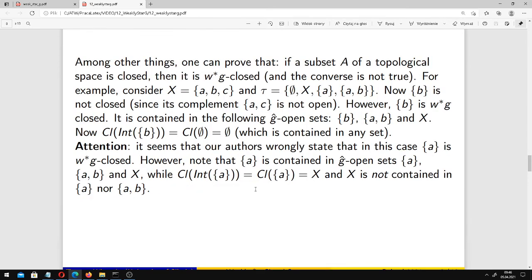However, note that the singleton of A is contained in the following ĝ-open sets: {a, b}, yes, here, and X, while the closure of the interior of the singleton of A is equal to the closure of the singleton of A, but this closure is X. Yes, the smallest closed set in which the singleton of A is contained is the whole universe {a, b, c}, namely X. But X is not contained in the singleton of A nor in {a, b}, of course. So maybe it's their typo mistake.